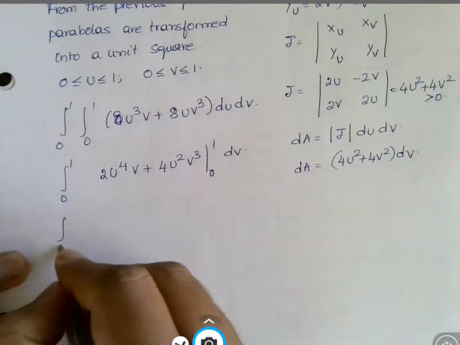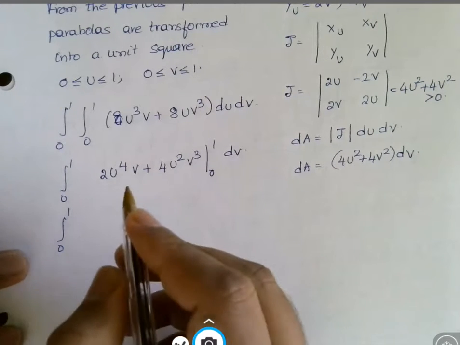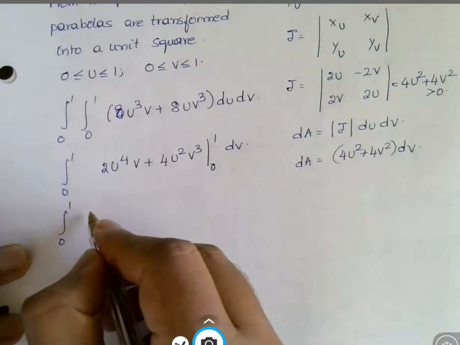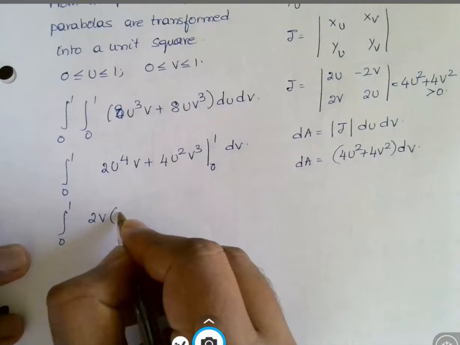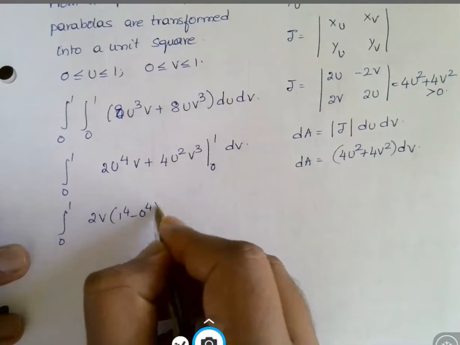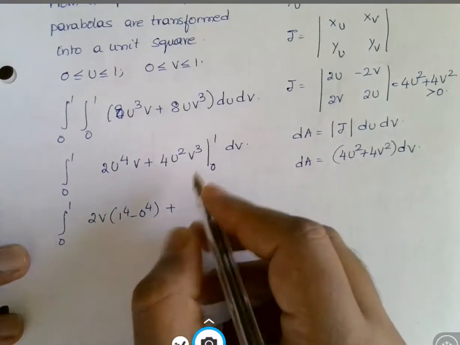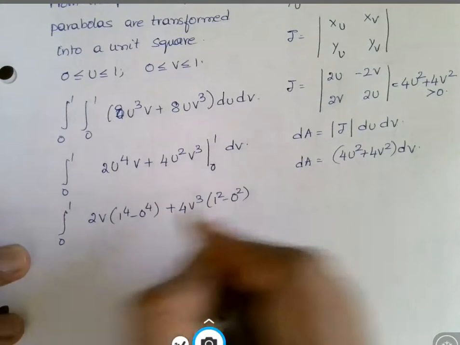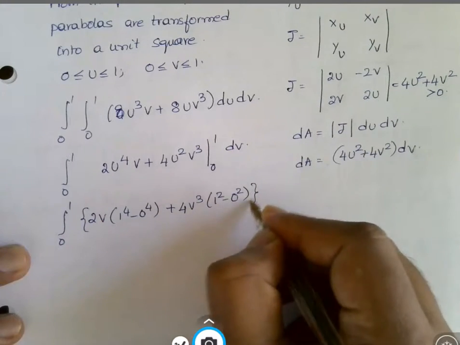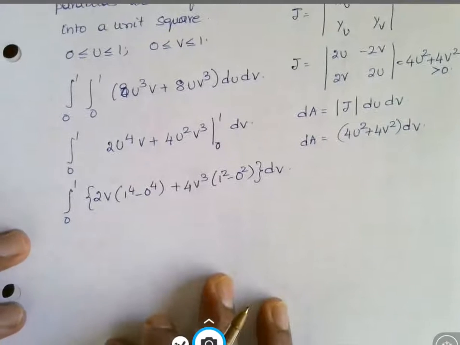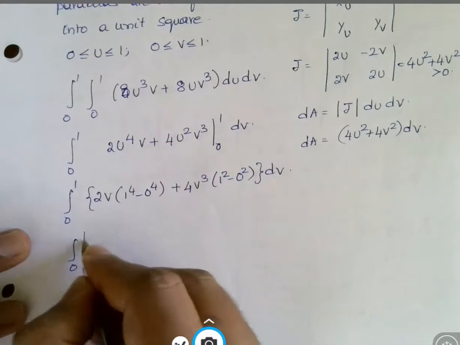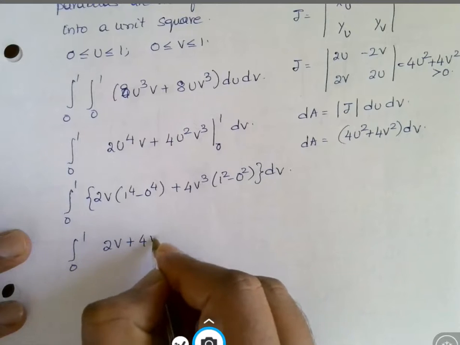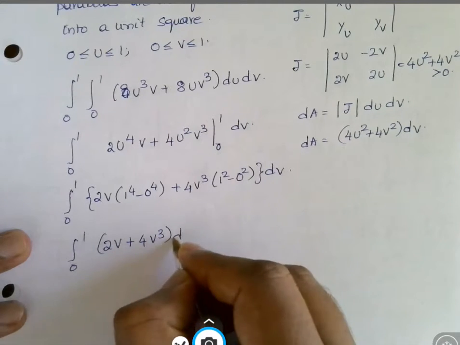Upon substituting the limits, you get 2v times 1 to the 4 minus 0 to the 4 plus 4v cubed times 1 squared minus 0 squared, dv. So that's the integral from 0 to 1 of 2v plus 4v cubed dv.